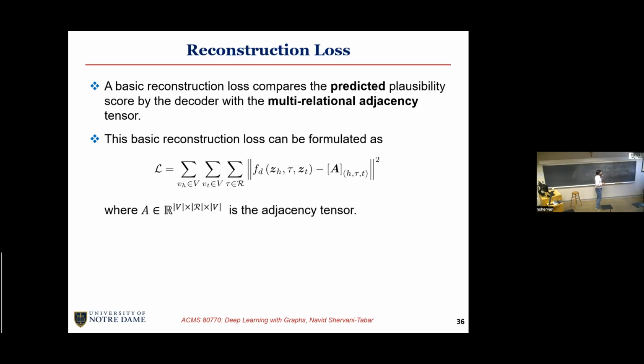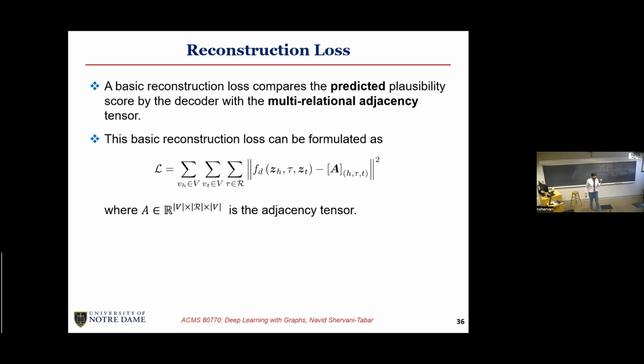So first of all, we start with the reconstruction loss. In this approach, our decoder, FD, is predicting how plausible it is that a relation tau is between 2 entities, VH and VT. So we get this plausibility score and we want to maximize it.